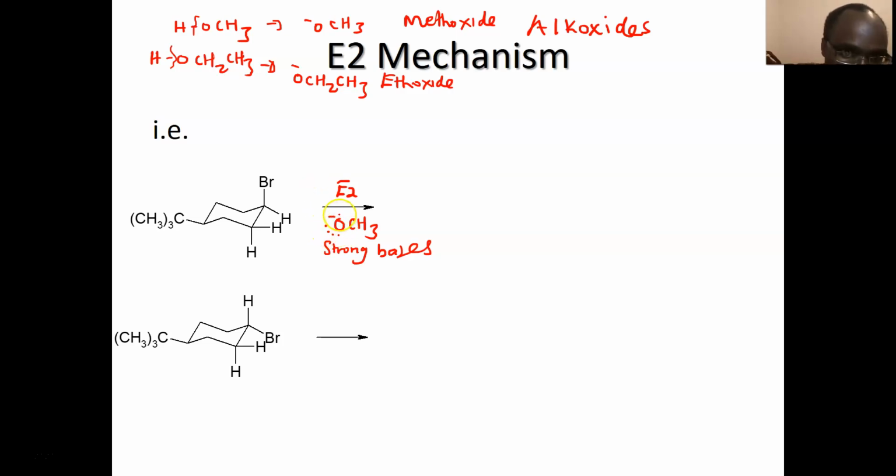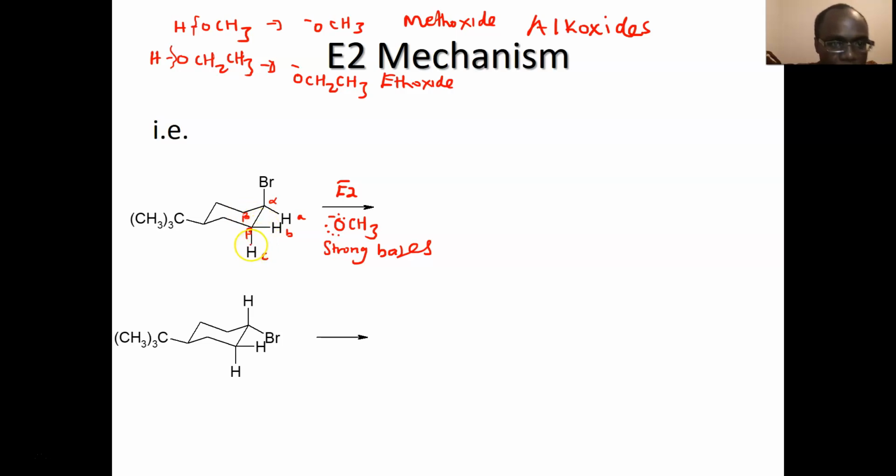So I provided you with a typical strong base, and I'll ask you which hydrogen should I take out, A, B, or C. So the first thing you should realize is that the hydrogen to be taken out should be from a carbon next door to the carbon bearing the leaving group. We call this alpha carbon, we call this beta carbon, this should be beta 2.